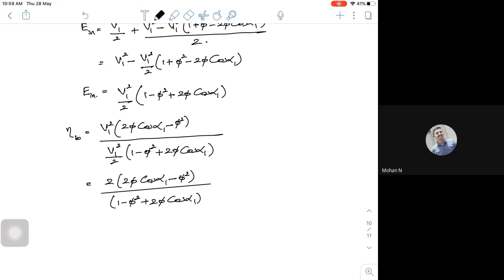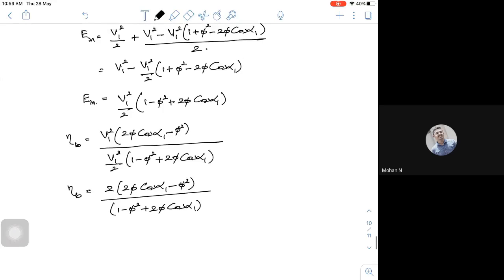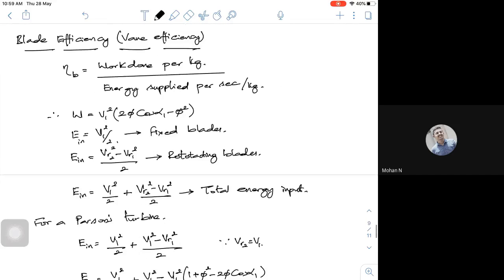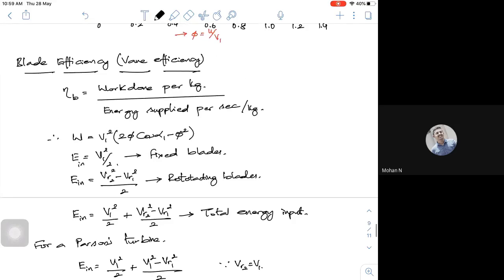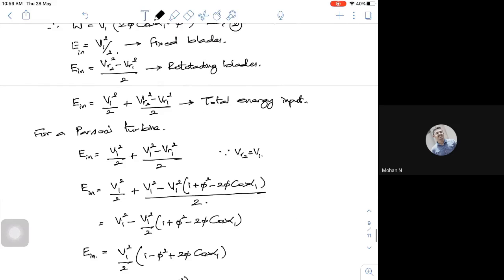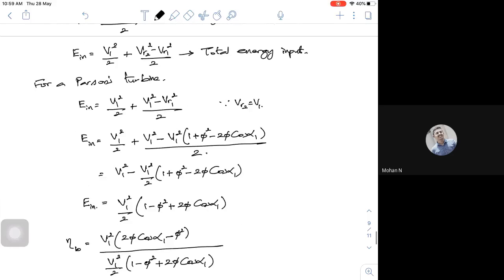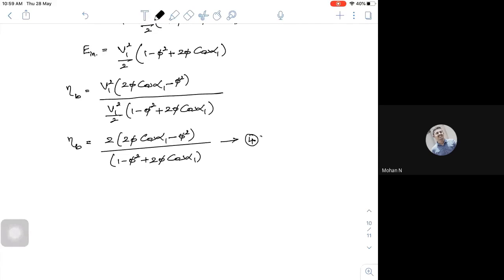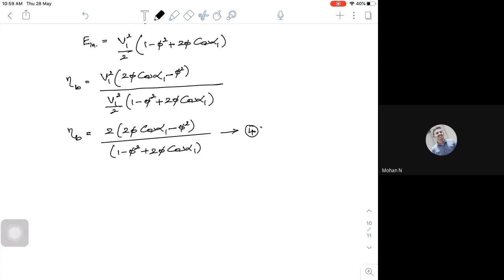This is your blade efficiency. Let me call these expressions 1, 2, 3 and 4.